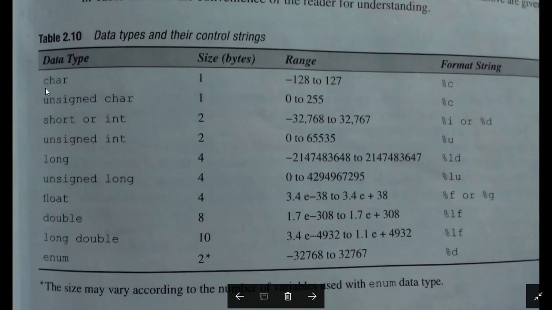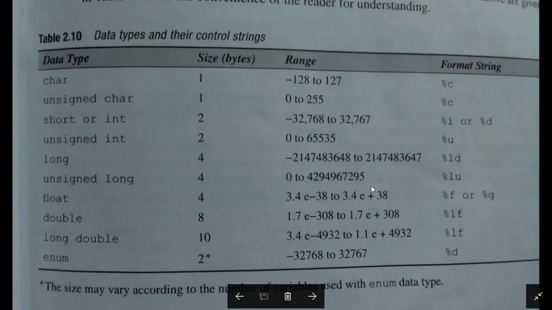If we want to use a character type variable, then we have to use %c. This is the format string, this is the data type, meaning character, and this is the size of the character variable, and then unsigned character, integer, like this. And this denotes the range, meaning how much value a variable can hold.